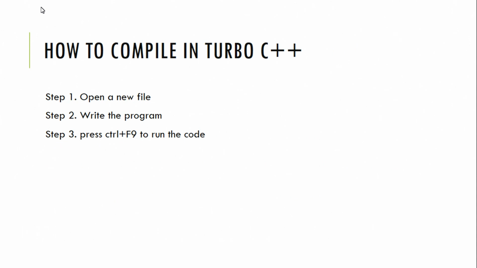The next compiler is Turbo C++. Compiling a code in Turbo C++ is quite easy. You just have to open a file, write the program, and to run the code you have to press Ctrl F9. Though compiling and working in Turbo C++ is easy, Turbo C++ has some difficulties.